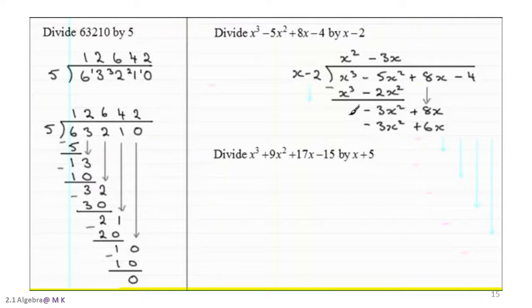We now subtract to find out what the remainder would be. So we've got minus 3x squared minus 3x squared, so that's 0. And then we've got 8x minus the plus 6x. 8x minus 6x is 2x. And then what we're going to do is bring down the minus 4 and carry on.